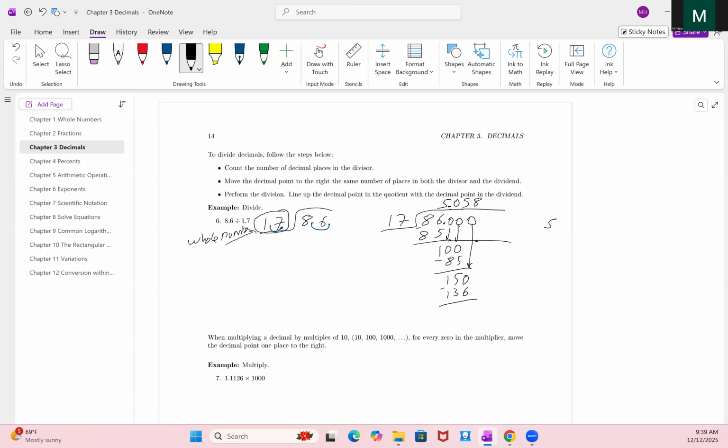Subtract. 10 minus 6 is 4, 4 minus 3 is 1, 14 is the remainder.